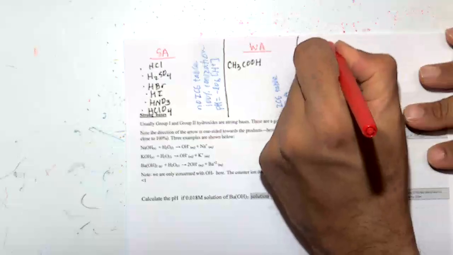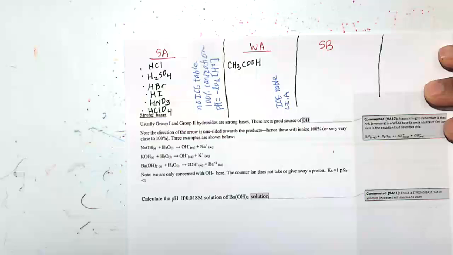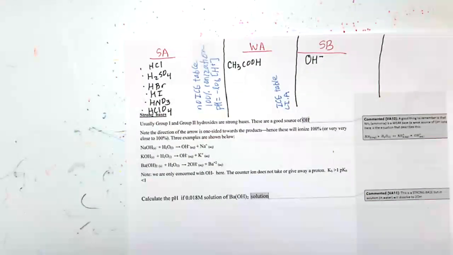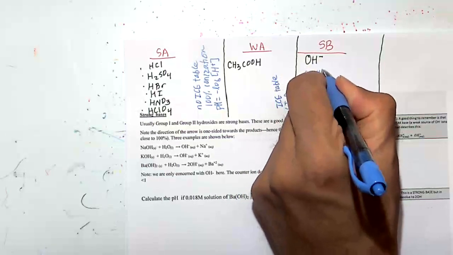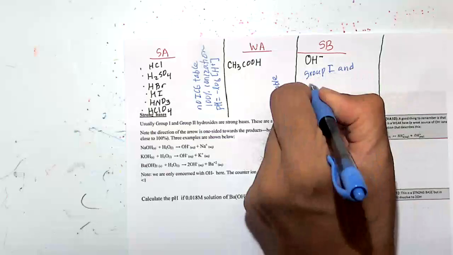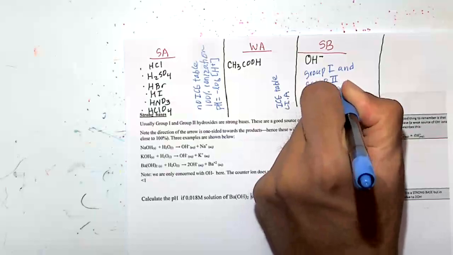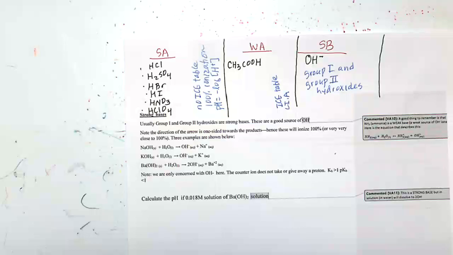Right, the next one on our list are the strong bases. So what are strong bases? Anything that has OH minus. These are the group 1 and group 2 hydroxides: NaOH, KOH, LiOH.